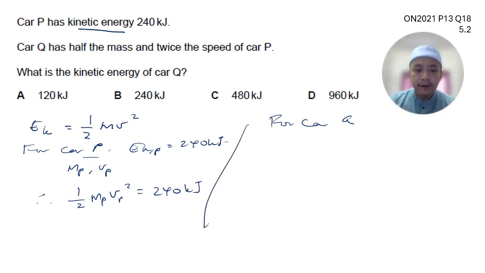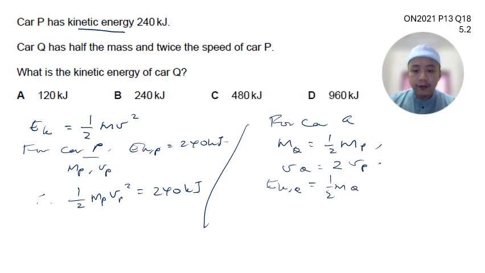It says here, the mass of Q is half the mass of P, whereas the speed for Q is double the speed of P. Now we just express the kinetic energy equation for car Q. We get that EKQ, the kinetic energy for car Q, is equivalent to half mq vq squared.